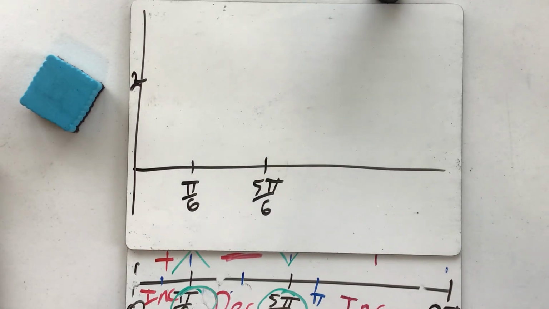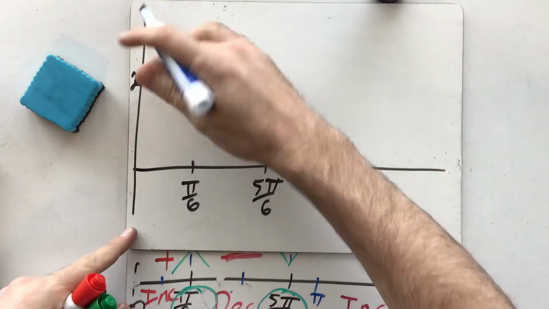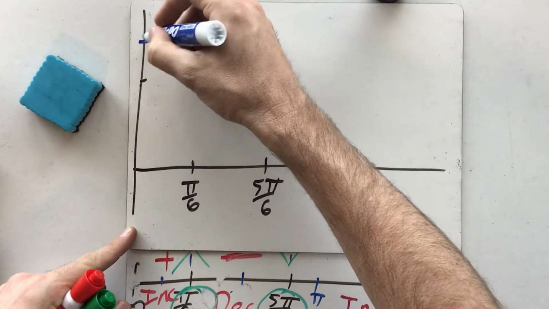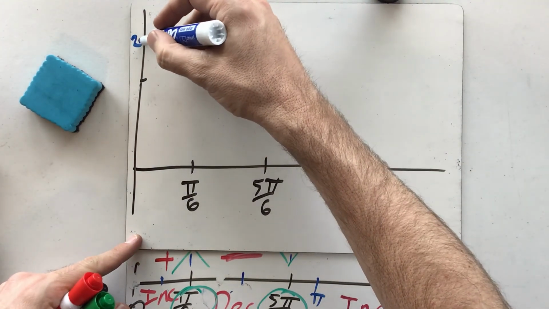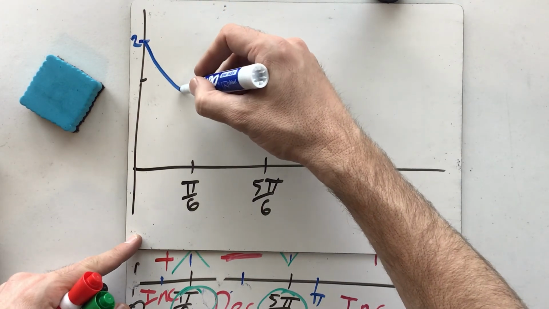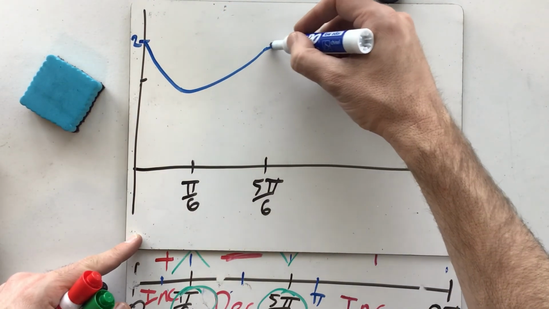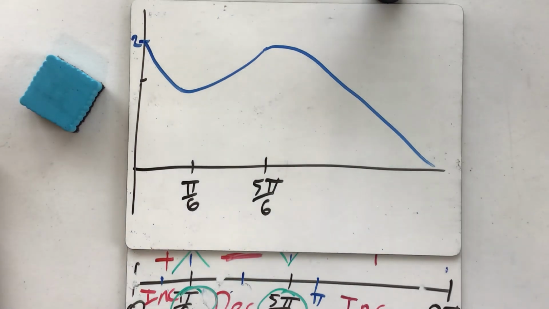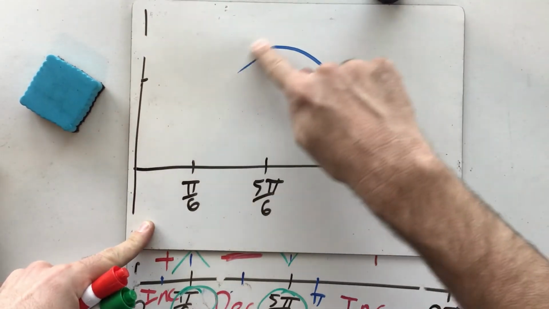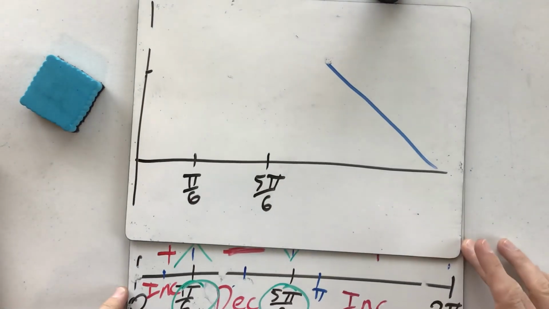And notice what we're going to do. If we start at 2, our function is going to decrease a little bit. Let's make 2 a little bit higher so I have more space to decrease. We'll decrease a little bit, and then increase between those. Oh, wait. I did them backwards. Your math professor is struggling today.